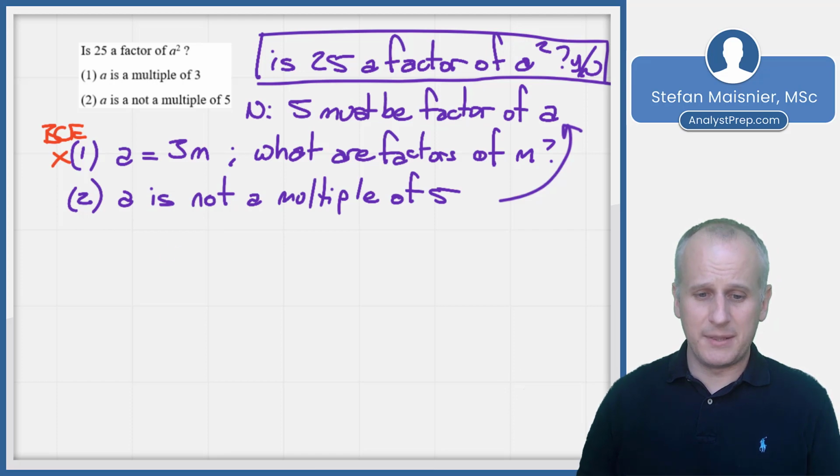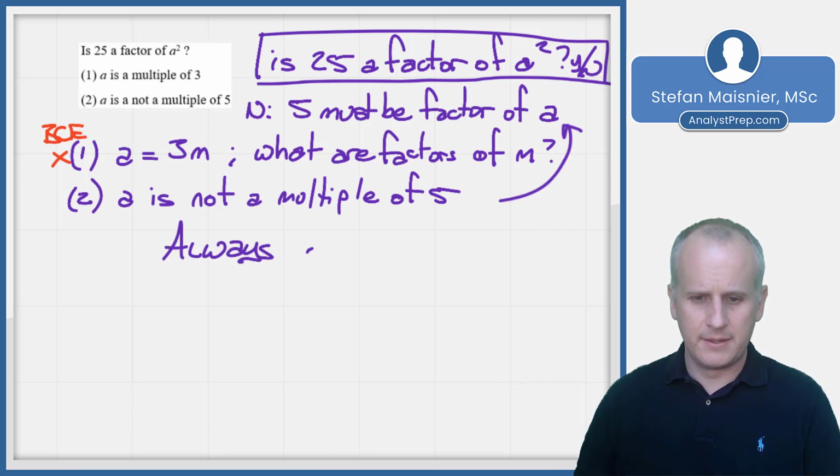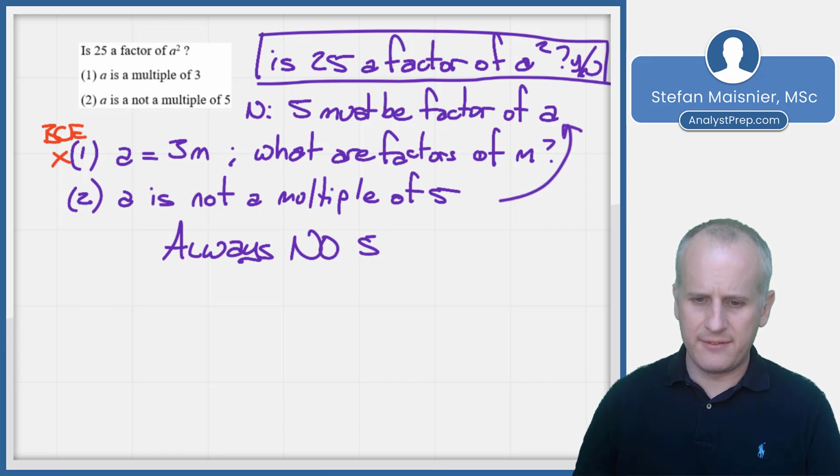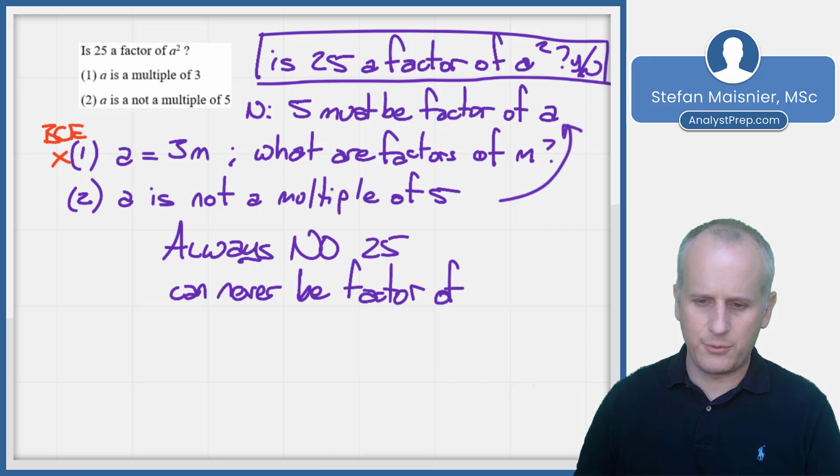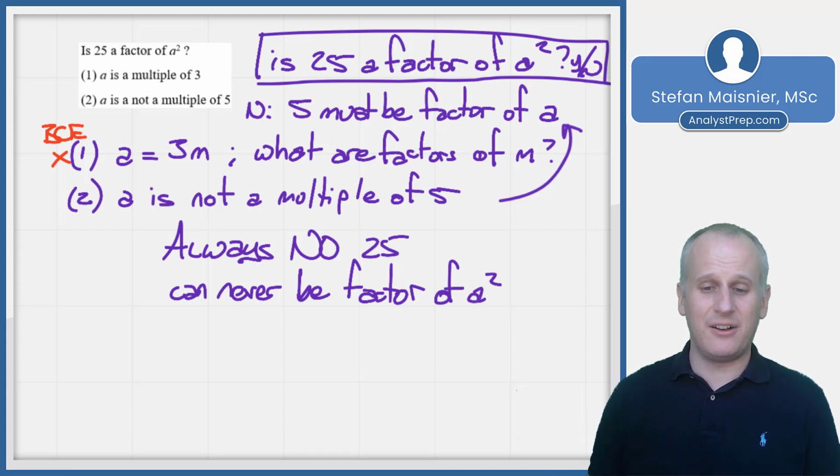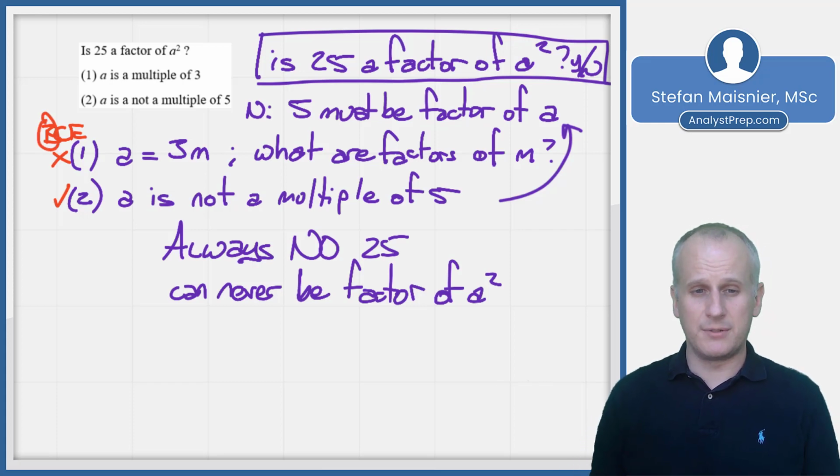So this tells me that my answer is always no, and that 25 can never be a factor of a squared if a itself is not a multiple of 5. So alone, condition 2 is sufficient, and our correct answer must be choice B.